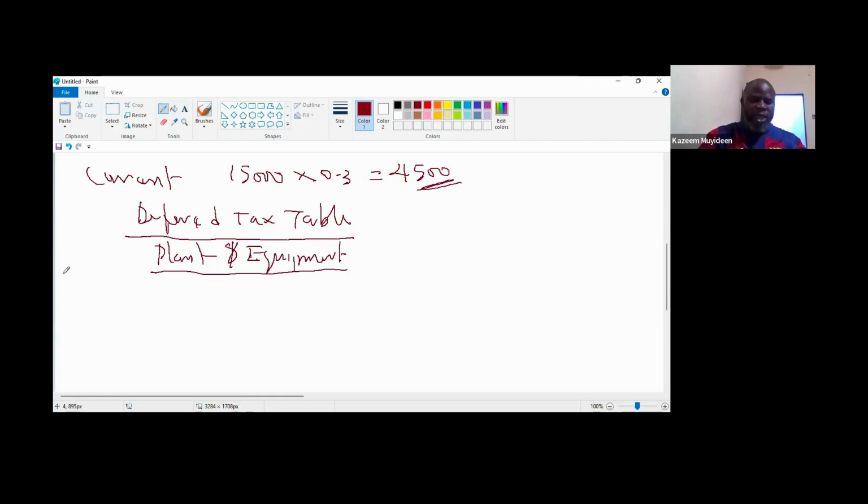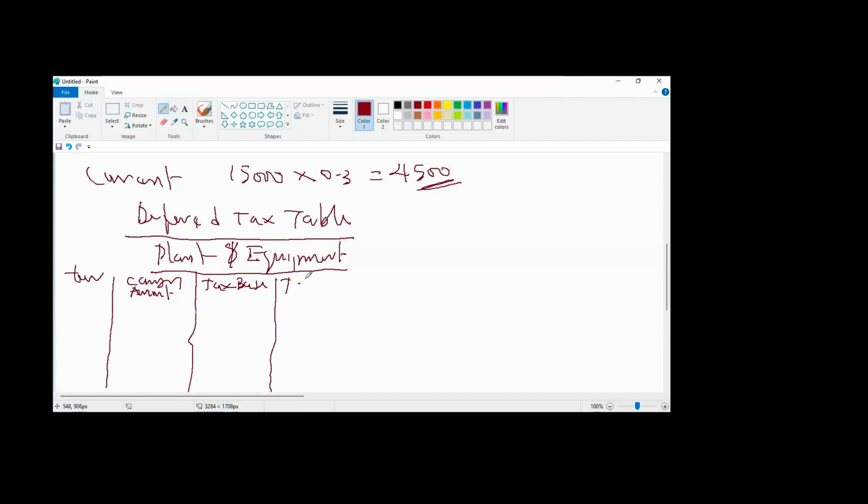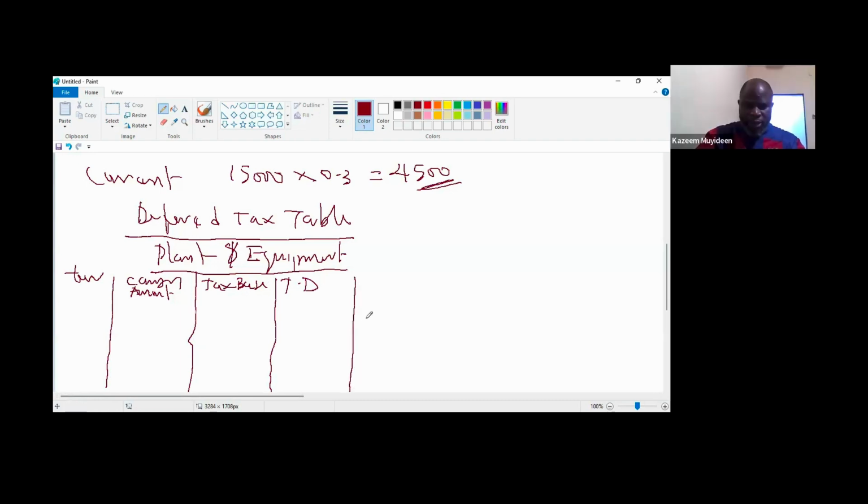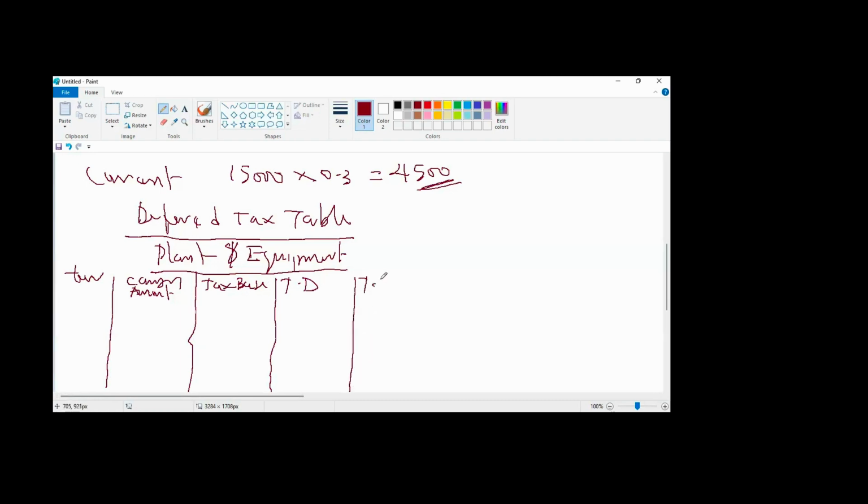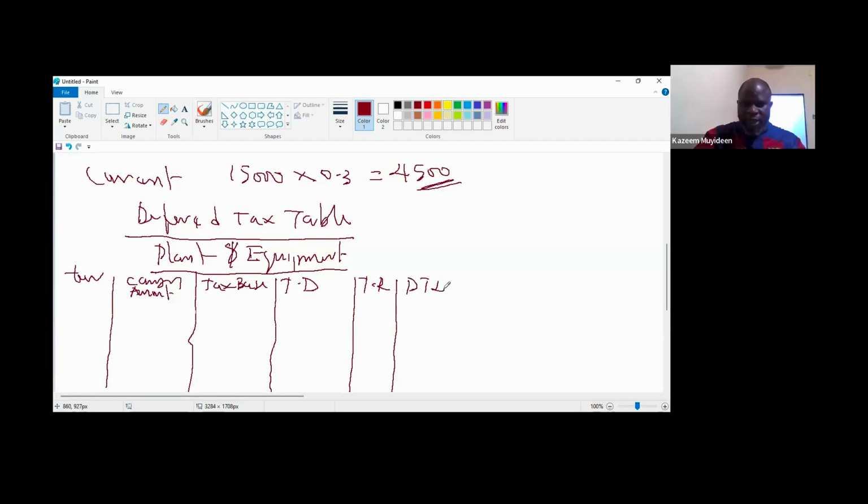I will now say year, carrying amount. The tax base, the TD, temporary difference, tax rate, deferred tax liability, deferred tax assets.